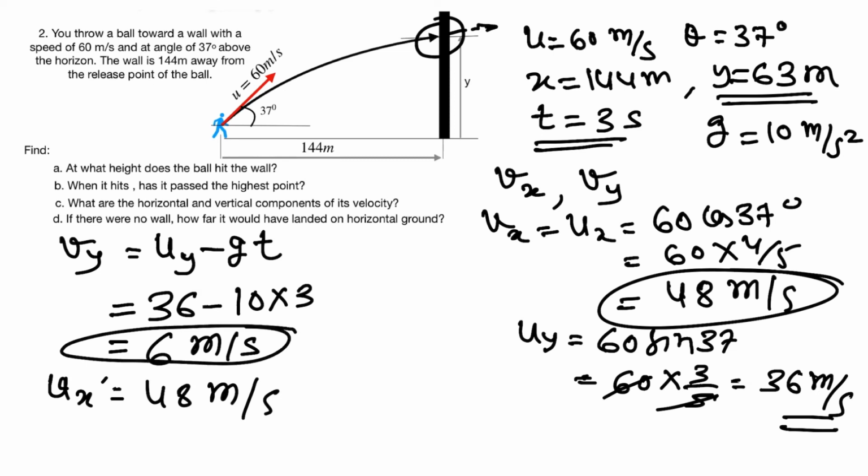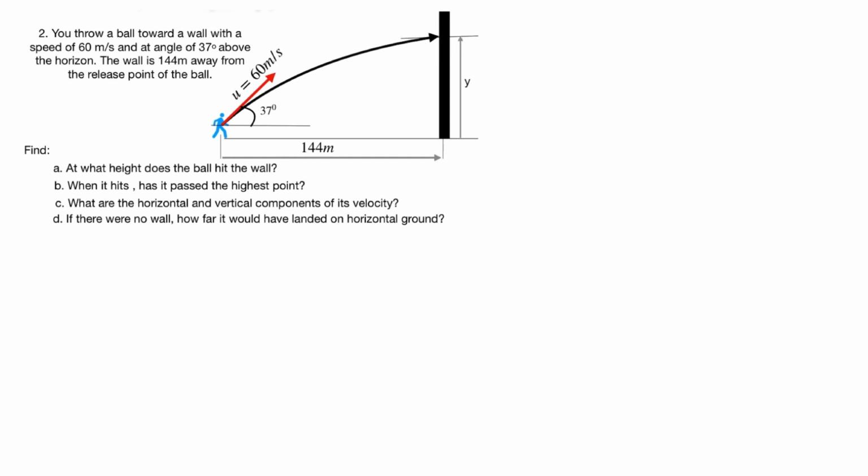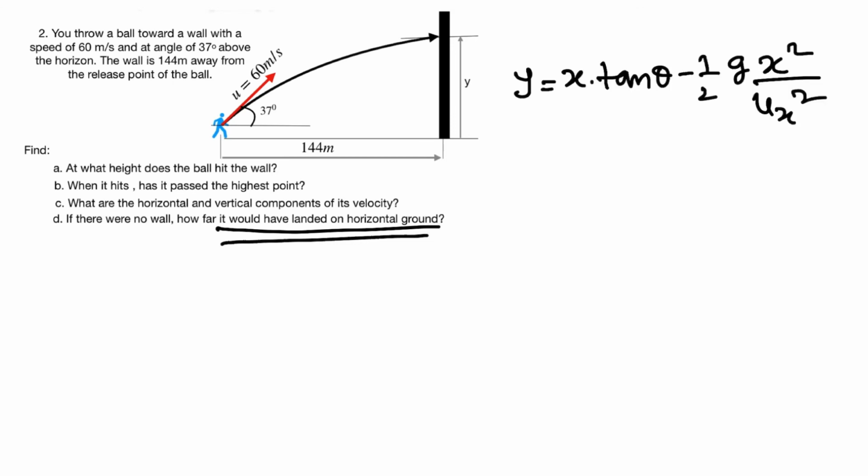Now let's move to the last section of the questions. If there were no wall, how far would it have landed on horizontal ground? Here the projectile motion is along the horizontal ground, so we can use the equation of projectile trajectory for a horizontal surface. To find out the range, we have to find out the displacement between the starting point and the landing point. So in that case, y, the vertical displacement, is 0.